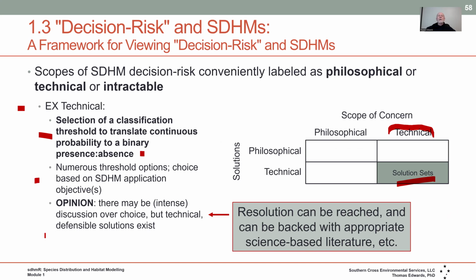There are numerous options that you can employ here based on the objectives. Now, you may end up having intense discussion over the choice, but a technical, defensible solution exists. In short, resolution can be reached and it can be backed with appropriate science-based literature.